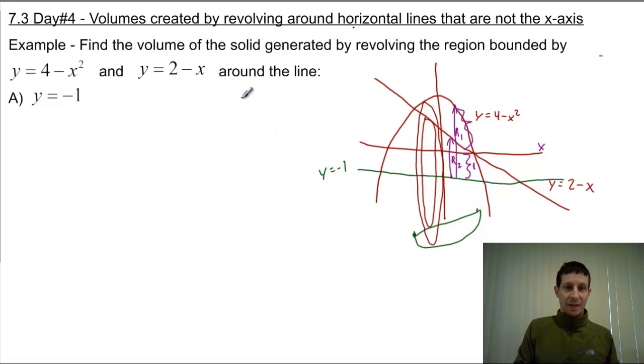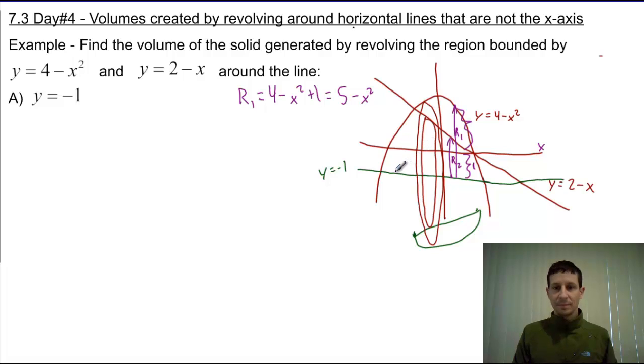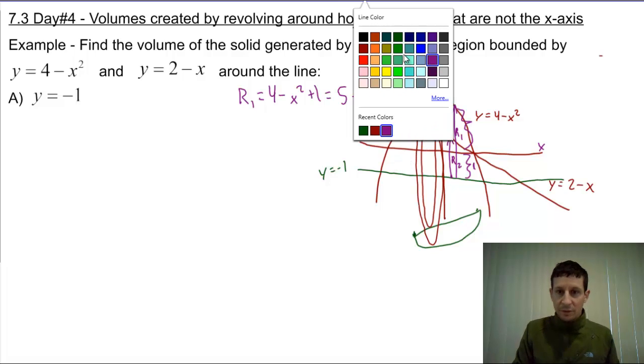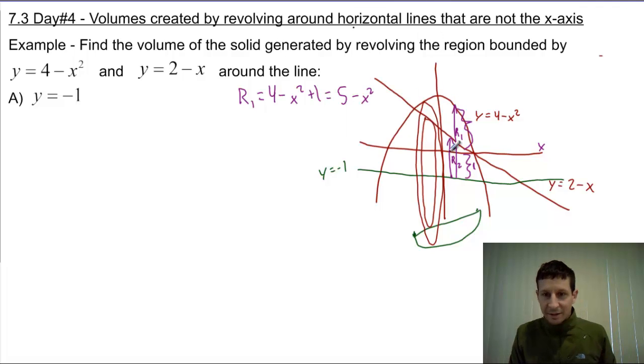So my whole radius, what I'm going to call r sub 1 over here, is this 4 minus x squared, and then we need to add 1 to it. And then I can simplify it to just call it 5 minus x squared. Okay, I'm going to switch up the color here, maybe bright green. Let's take a look at r sub 2. Exactly the same thing happens.